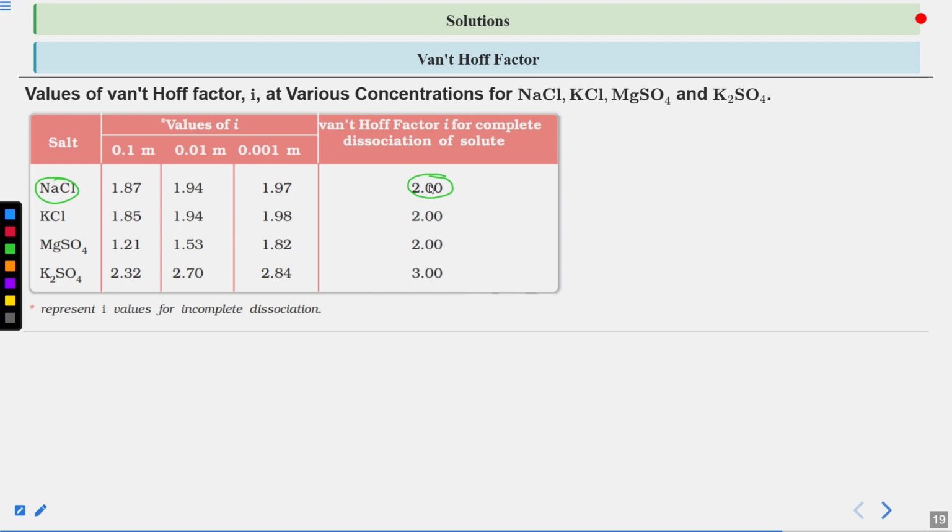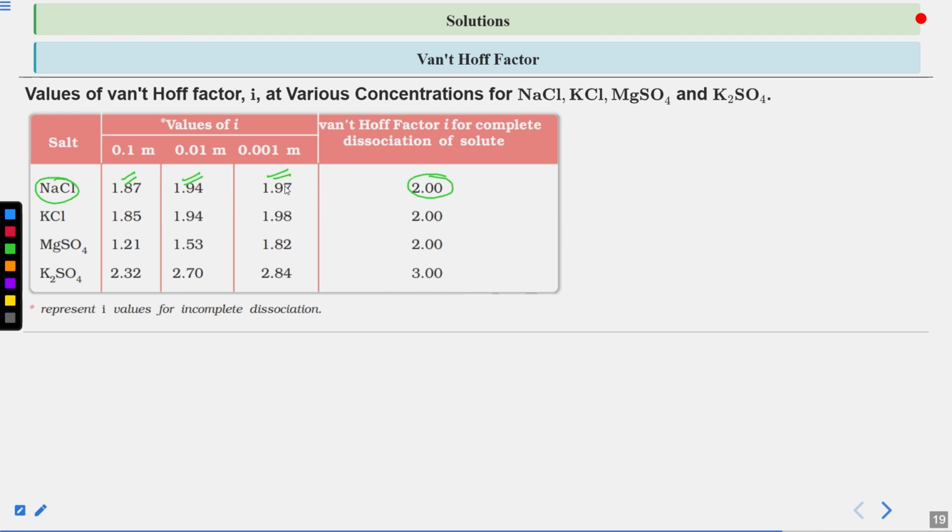So you can see very clearly that we are moving from 1.87, 1.94 to 1.97. So what are we doing here? See, the value of i for NaCl is always taken as 2. Right? It is taken as 2. But this value is the ideal value.